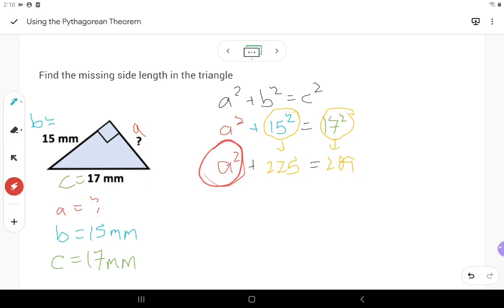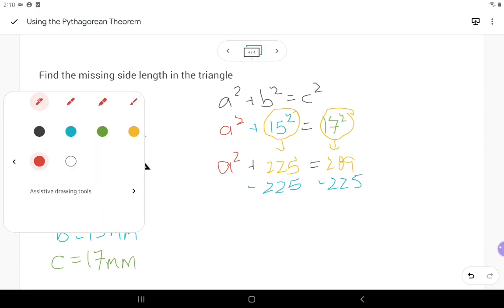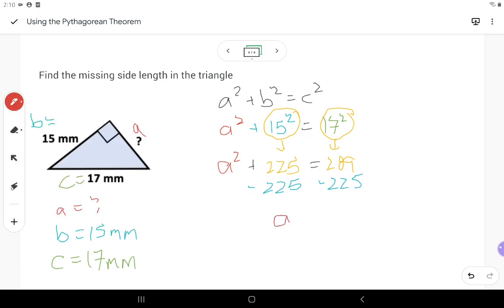This is my variable that I don't know. And 225 is being added to it. Well, the opposite of adding 225 would be subtracting 225 from both sides. This leaves me now with a squared is equal to 289 minus 225, which is 64.